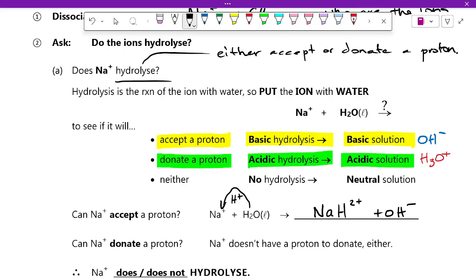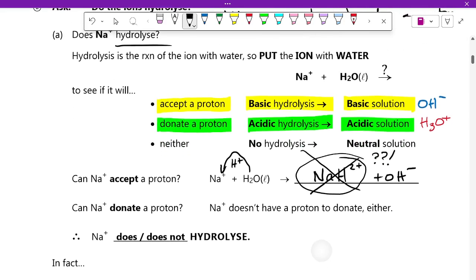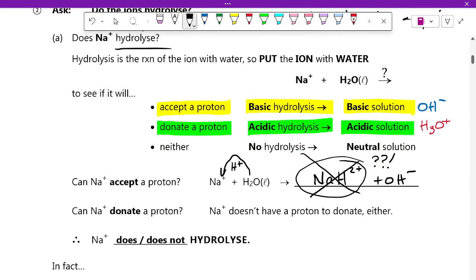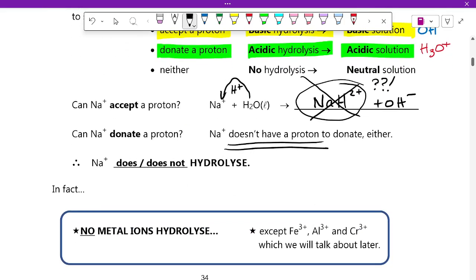That's the only way it could accept an H. Does that look reasonable? No. Okay, that's crazy. Can it donate a proton? It does not have a proton. How can it donate a proton if it doesn't have a proton? So Na does not hydrolyze.